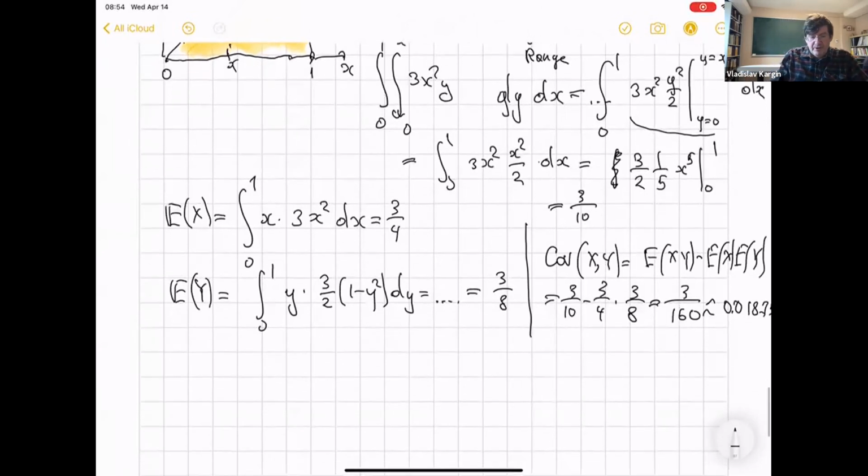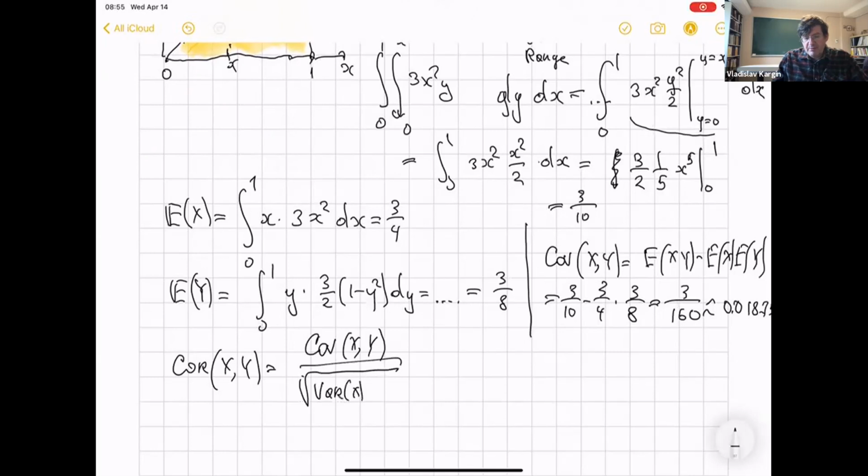For correlation, we have the formula: the correlation of x and y is equal to the covariance of x and y divided by the square root of the variance of x multiplied by the variance of y. In other words, it's the covariance of x and y divided by the standard deviation of x times the standard deviation of y.